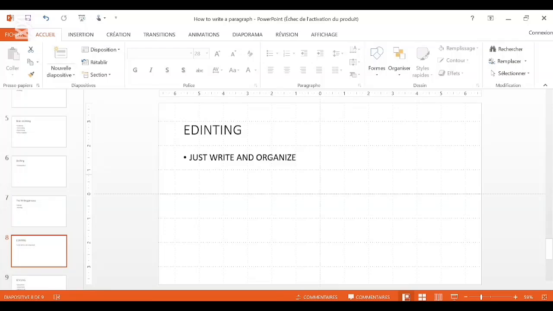Writing and organizing, it means that you have to write all your ideas. You have to then organize them according to two different ways, the chronological way or the important way.